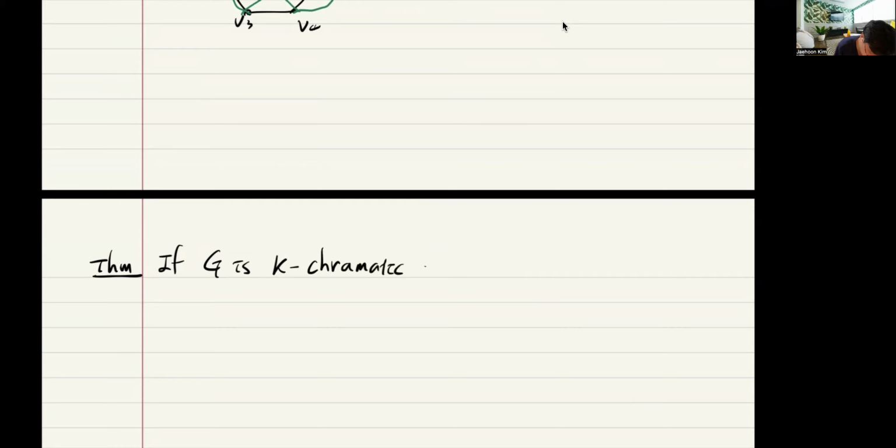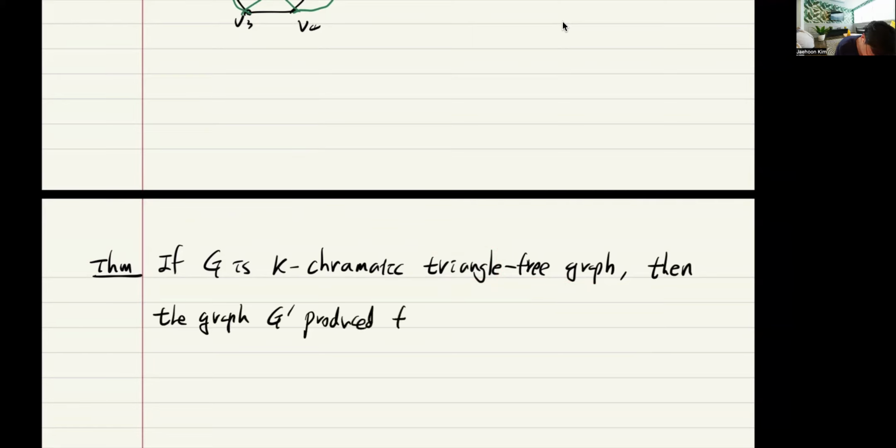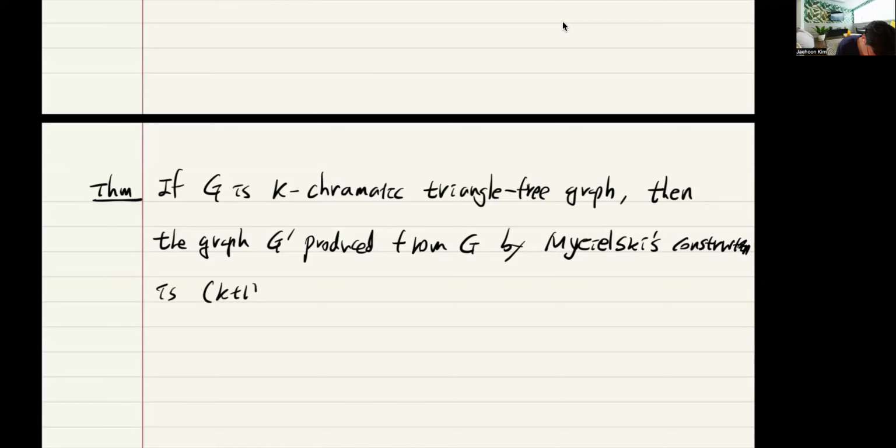So if G is a k-chromatic, triangle-free graph, where free means that it doesn't contain this, so it's a graph that doesn't contain a triangle as a subgraph, then the graph G prime produced from G by Mycielski's construction is k plus 1 chromatic and triangle free.